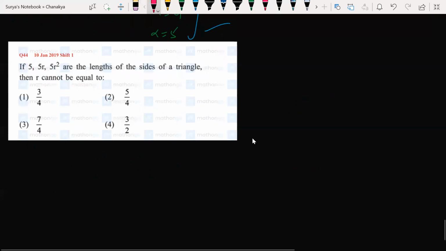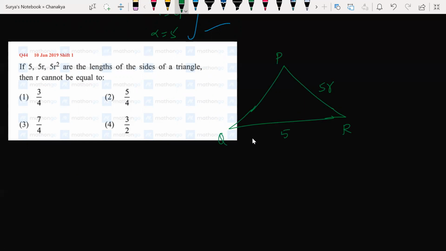The lengths of the sides of a triangle are given to you. This is a triangle PQR, with sides 5, 5r, 5r square.